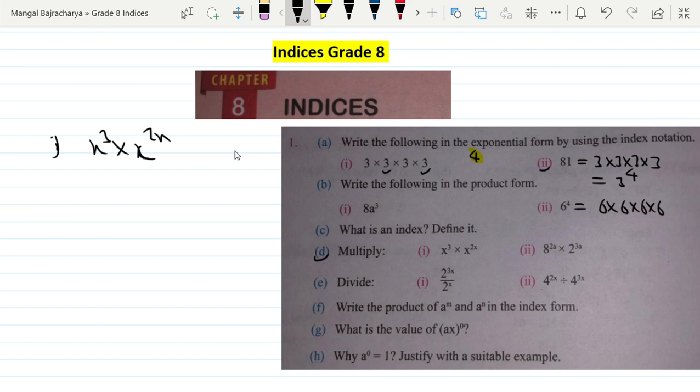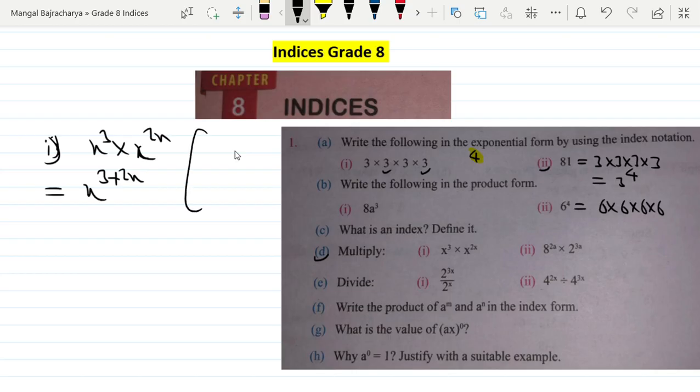So the first is x raised with power 3 and the second is x raised with power 2x. What we have to do here is add those two powers, right? So x power 3 plus 2x.